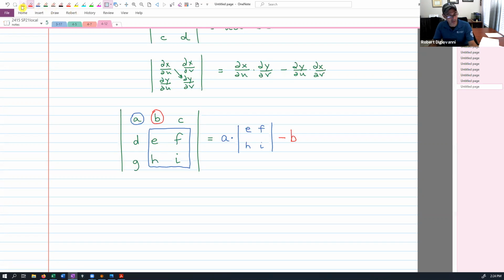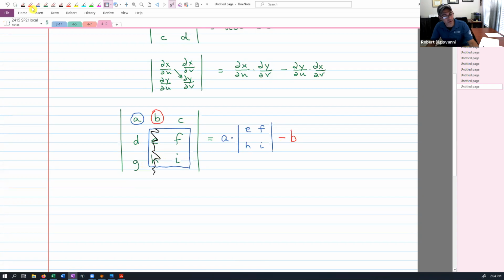When we did A, what I did is I circled A and then I ignored this down here and I got the determinant of these four. When I do the next piece, I switch signs, I go to negative B, and now I'm going to ignore this and do the determinant of these four here.